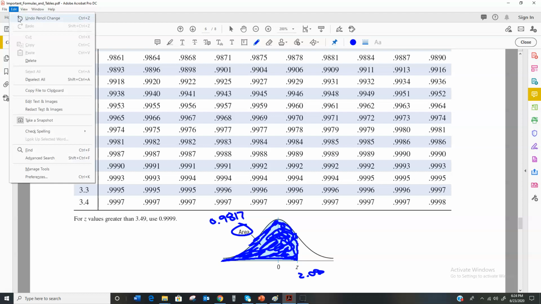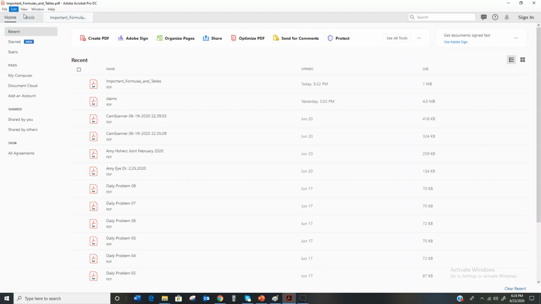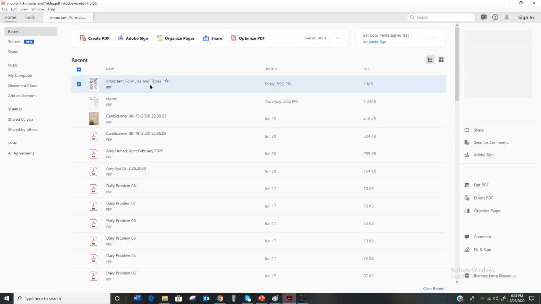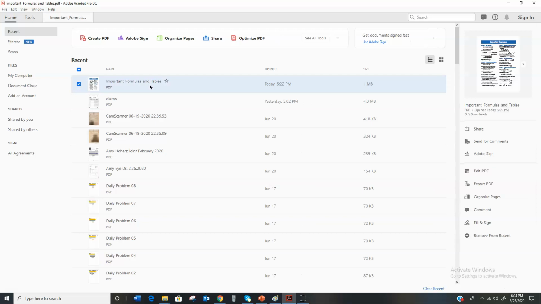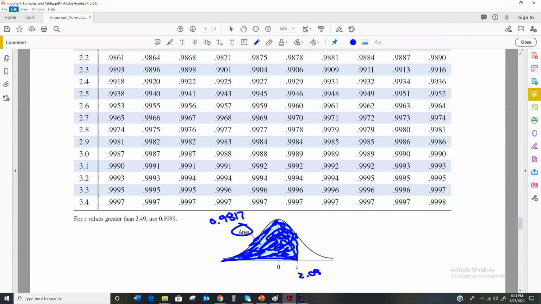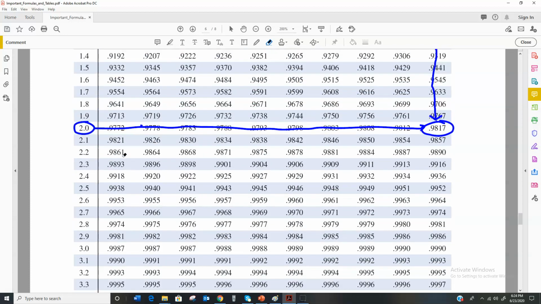Let me clear up what we have. Get all this pencil writing off of here so it's not such a mess. Okay, so what we wanted for this one was negative 1.14.